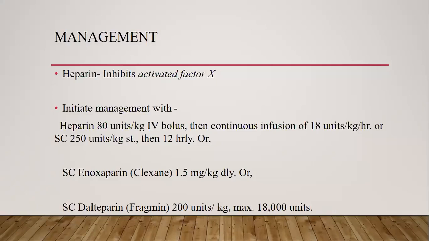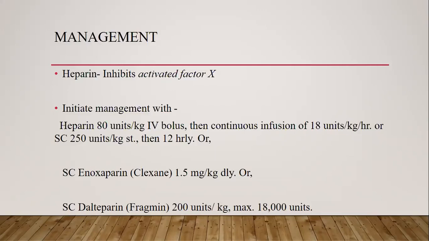Okay, so usually we have unfractionated heparin and we have low molecular weight heparin. Unfractionated heparin comes with a lot of side effects, as the name suggests, unfractionated. Okay, so it contains a lot of impurities. And then you have your low molecular weight heparin, and the two classic types that we have here in our environment are enoxaparin, which is also called Clexane, and dalteparin, which is called Fragmin.